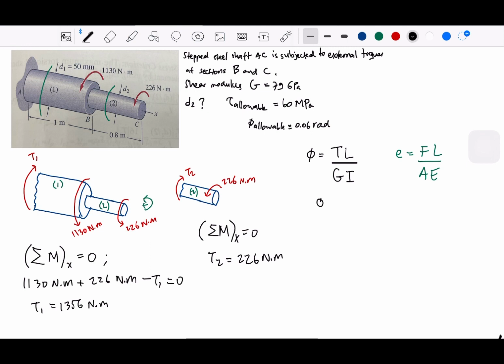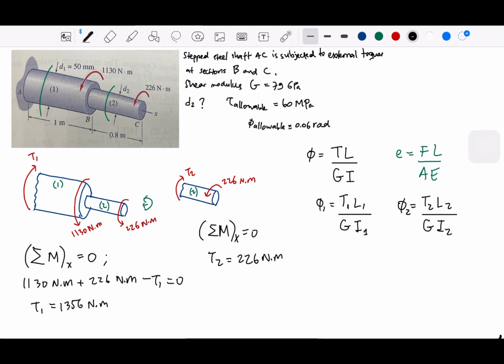So we get the twist angle for material 1: T1 L1 over G and then the inertia for 1. Okay. And then for the angle 2, then what?